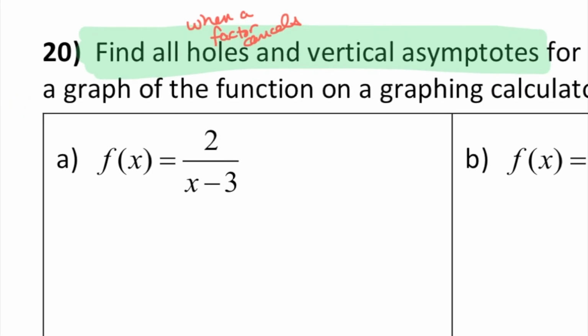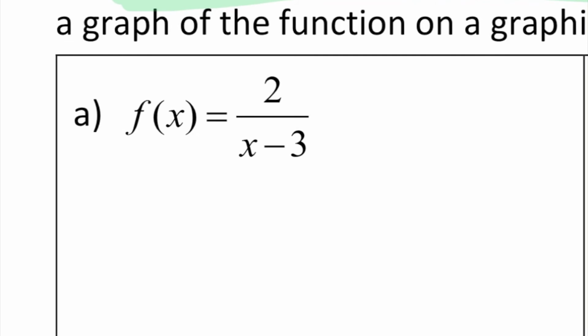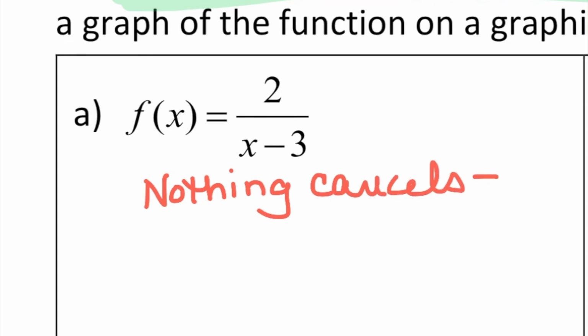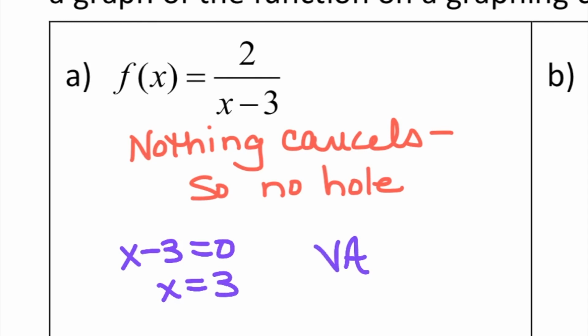And any other value that would make the denominator 0 is a vertical asymptote. So in letter A, nothing cancels. So there's no hole. Anything that's not a hole but makes the denominator 0, like x equals 3, is a vertical asymptote.